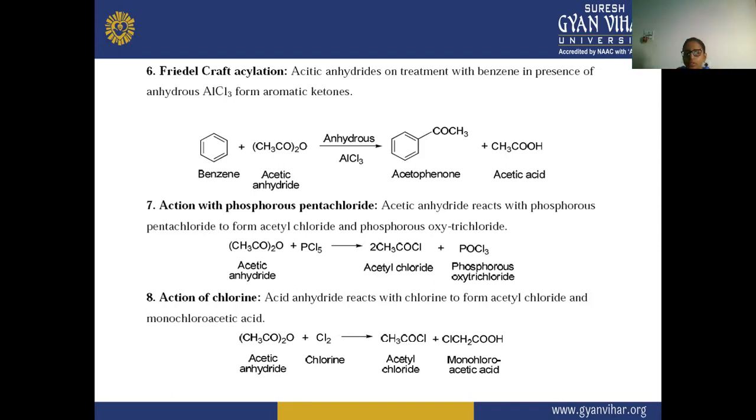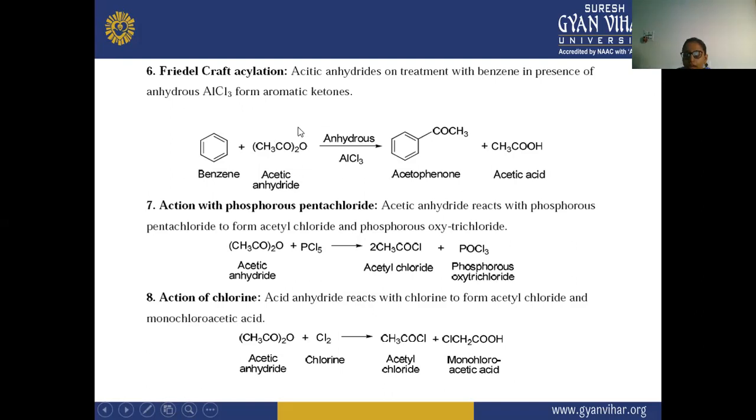So here you can see this is benzene and this acetic anhydride, and anhydrous AlCl3, giving acetophenone plus acetic acid. On this benzene molecule, CH3CO is attached here, and the remaining CH3CO reacts with the hydrogen, that is the proton, that is removed from this benzene.